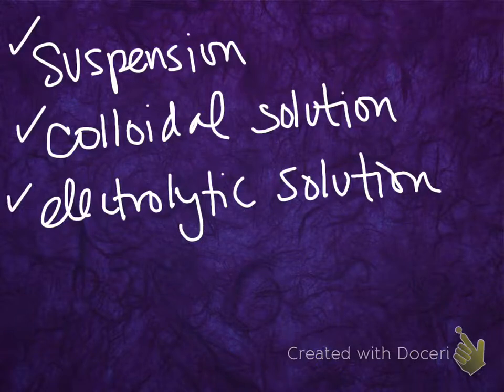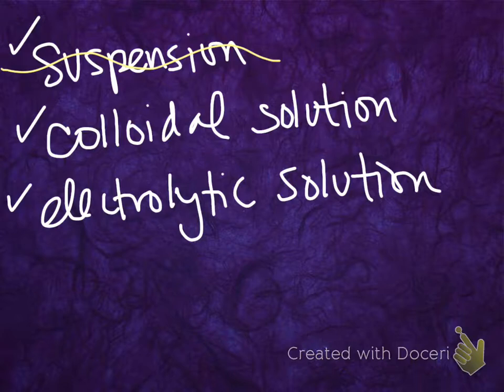Now, there are a number of things that are related to solutions. There are suspensions, which are almost solutions, but the particles are too big to stay suspended. So when you stop stirring, the particles tend to fall to the bottom. If you think of a pitcher of muddy water or sandy water, you can stir it and the particles will stay suspended, but when you stop adding energy, they fall to the bottom.